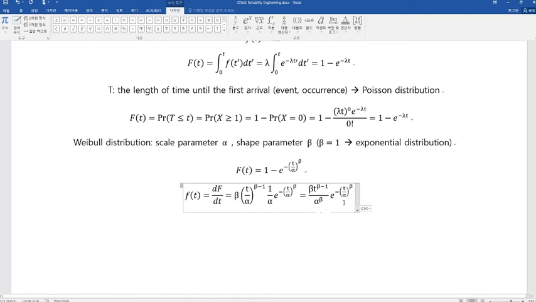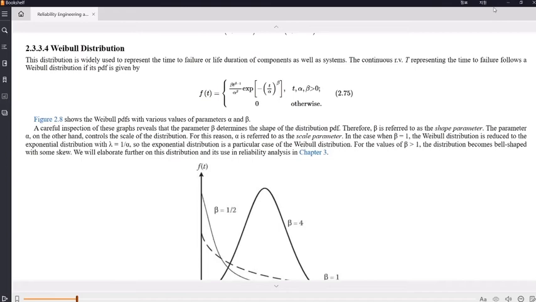So this is the probability density function for Weibull distribution that is given in equation 2.75.